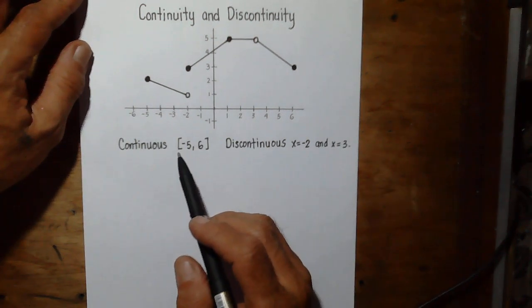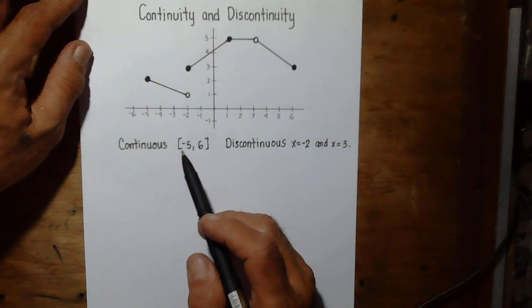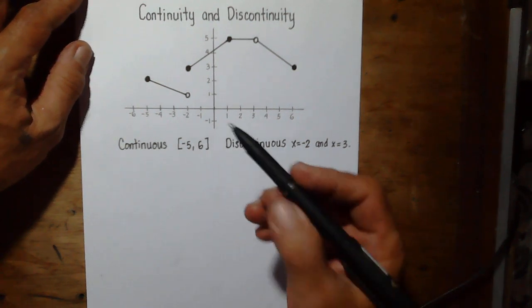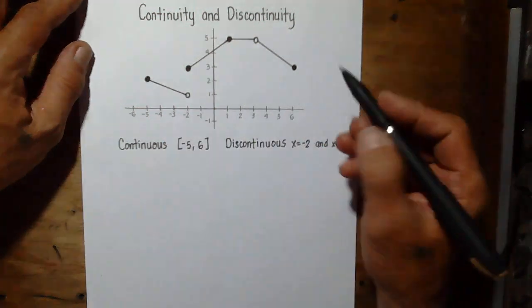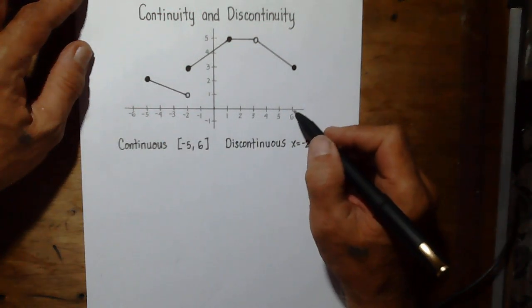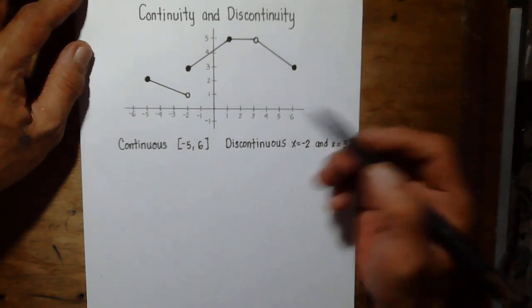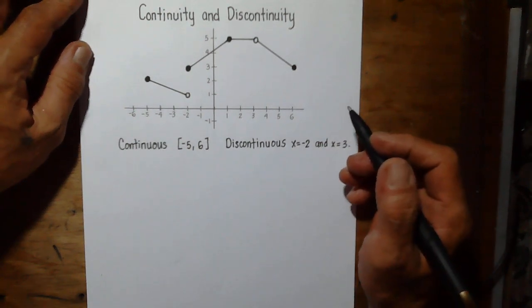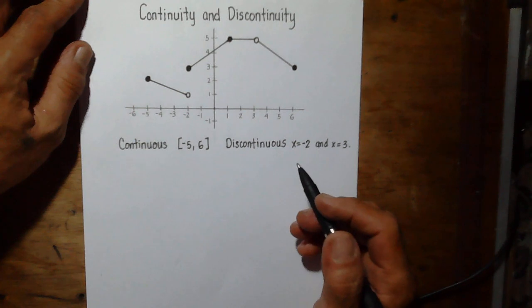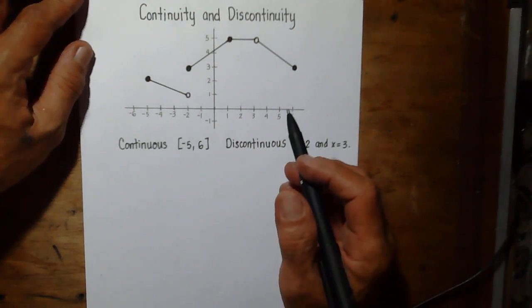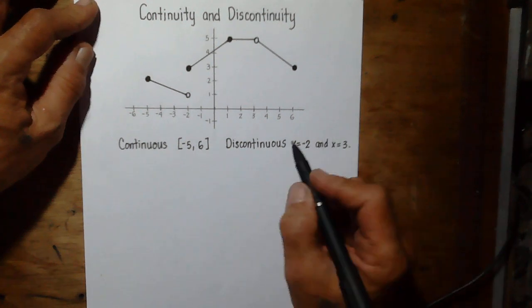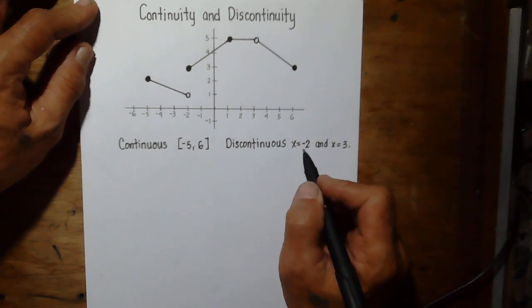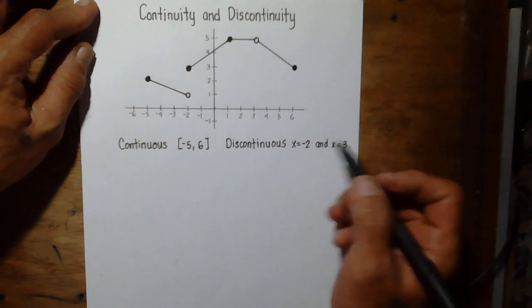And this notation states that -5 is in the domain of the function, as well as +6 is also in the domain of the function. And we also say that this function is discontinuous when x is equal to -2. Why is that?